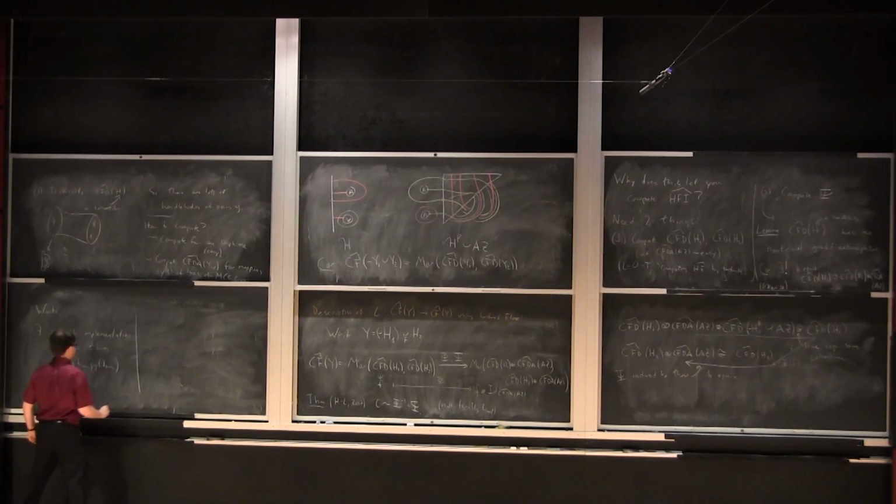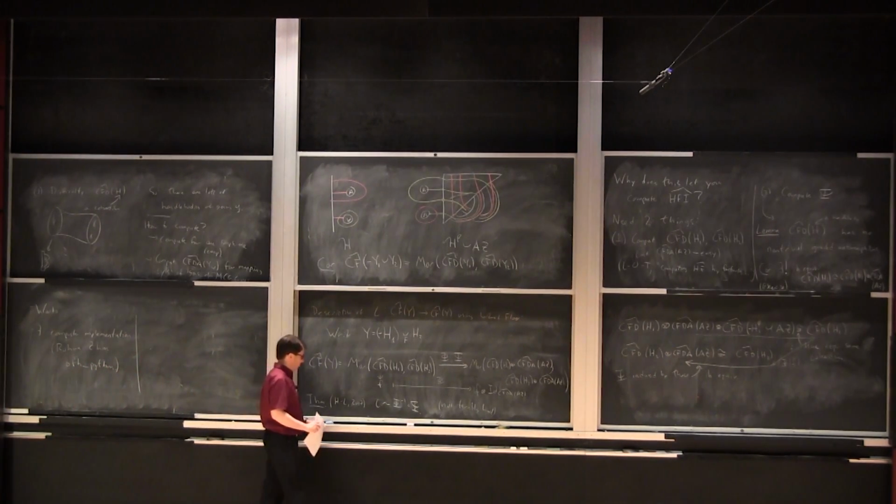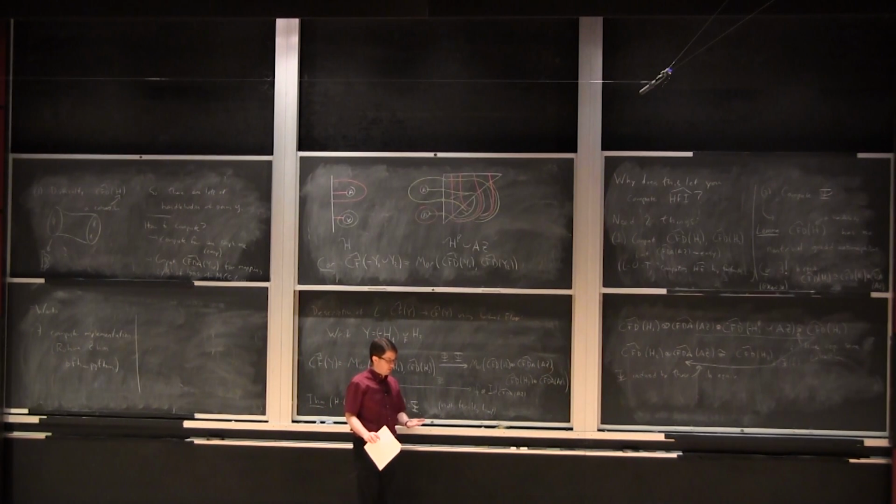How do you type it in? Yeah, so there are various ways. One way is you can give it a sequence of arc slides, or it'll take Dehn twists, I think.